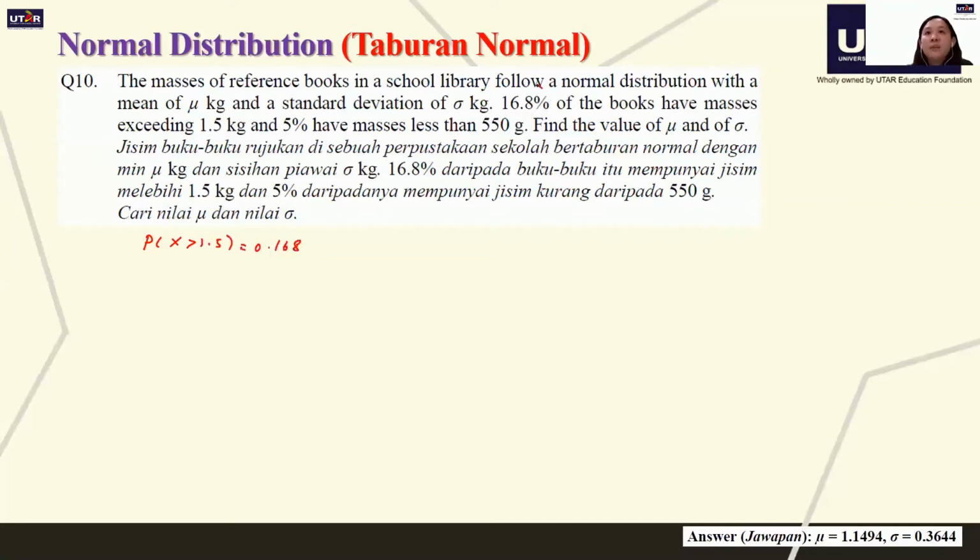I convert this percent to decimals, okay? 5% less than this, 5%. So one more time, make sure you check the correct notations here. This is gram. I will put back as kg, 0.55, right? Okay, and this is 0.05. Okay, so I have these two notations with me.